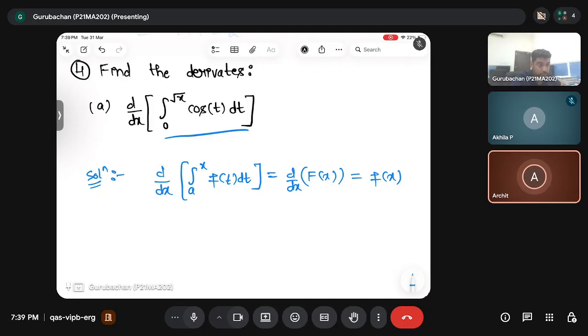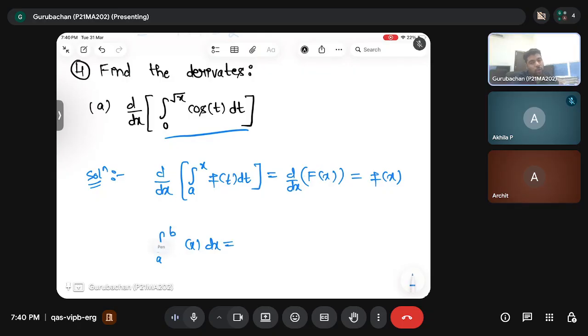Sir, integration a to b f(x) dx is equal to g of x from a to b, where g dash x equals f(x). So I'm saying that F dash x is f(x). Capital F, I'm writing it as the antiderivative. So this will be F of b minus F of a. You want to say this one?